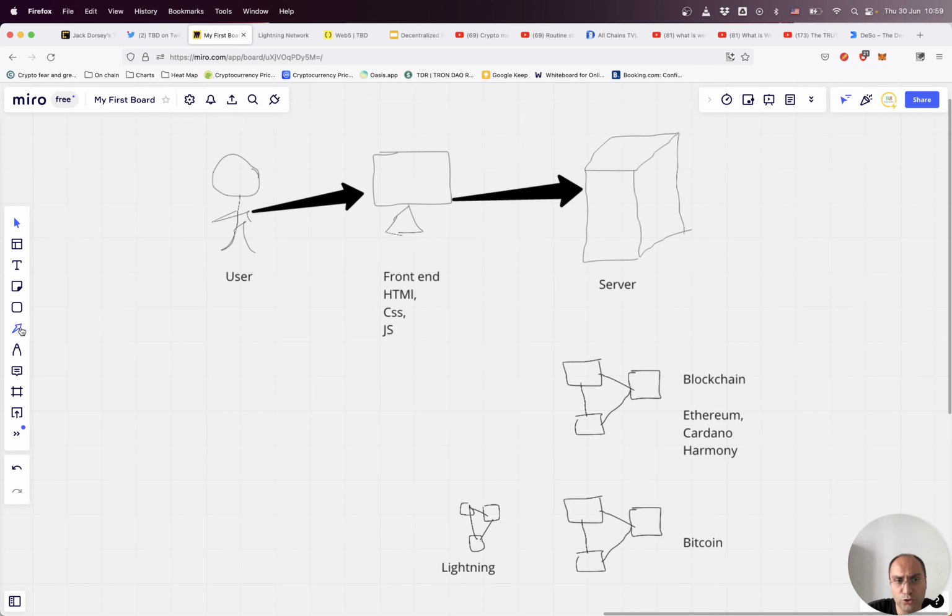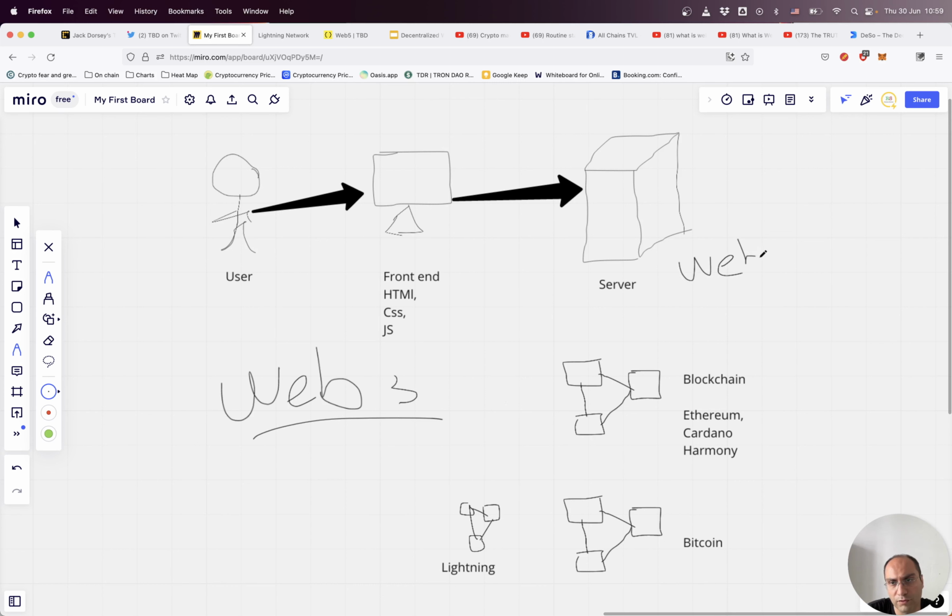But in Web3, the scenario is different. In Web3, as they propose and as we are expecting to see, instead of storing our data on top of a centralized server, our data and interaction will be with the blockchain, and our data will be stored on the blockchain.